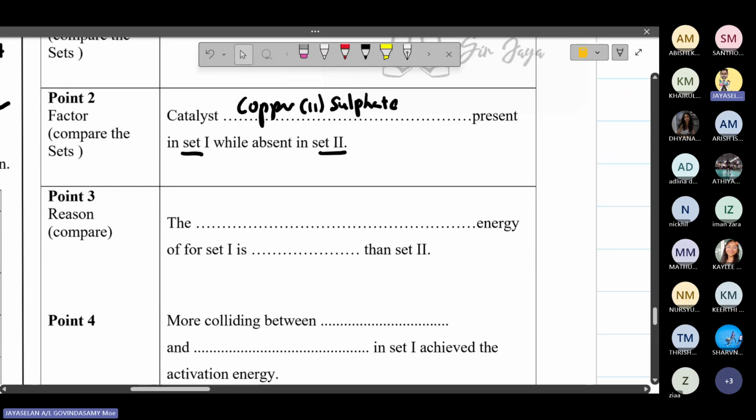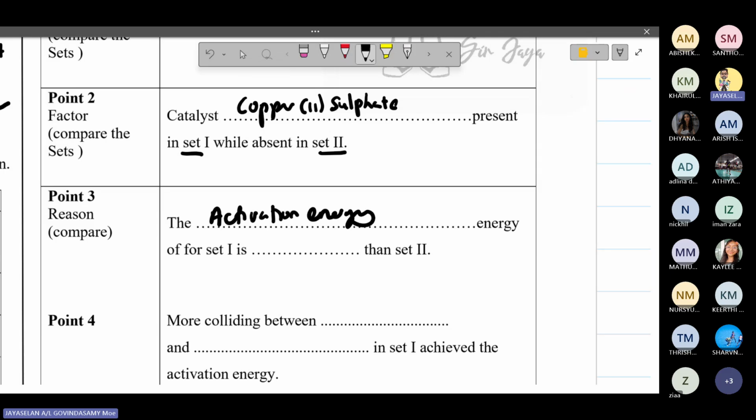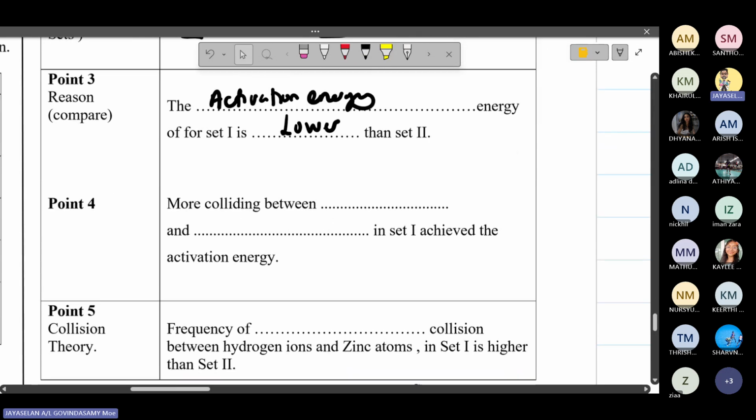Okay, now the reason. The activation energy for set 1 is lower than set 2. Okay, you already score 1 mark. And saya nak kamu tulis one more point.